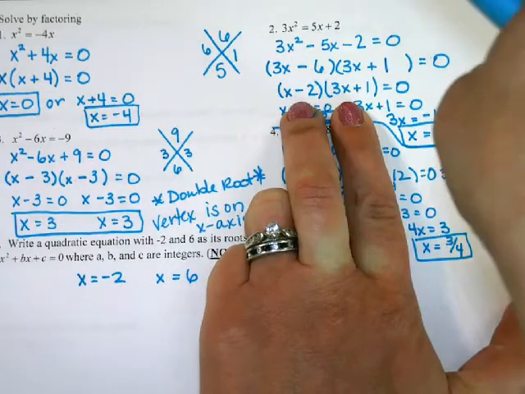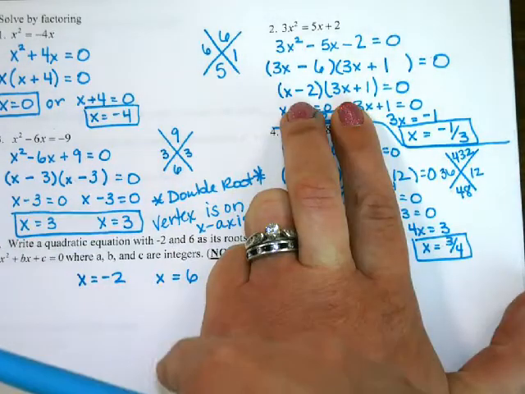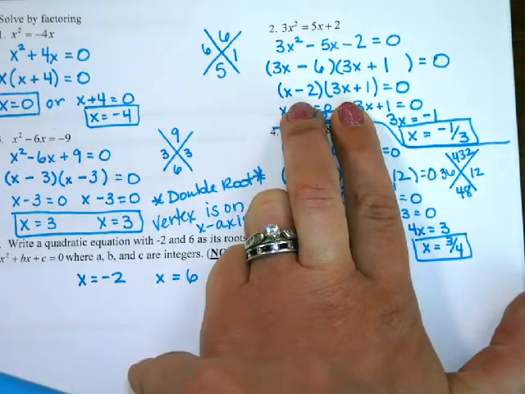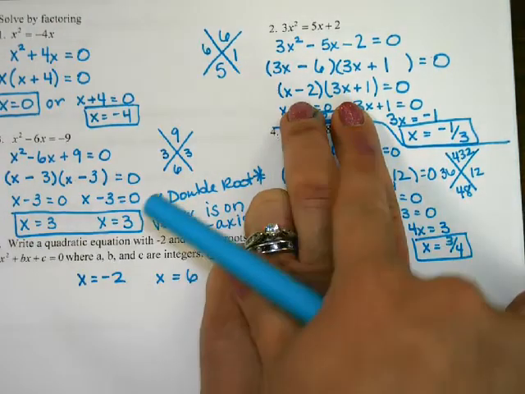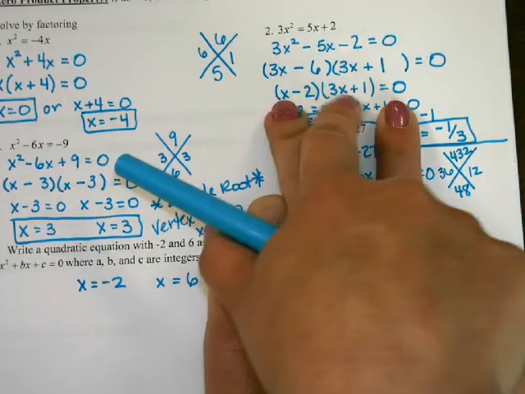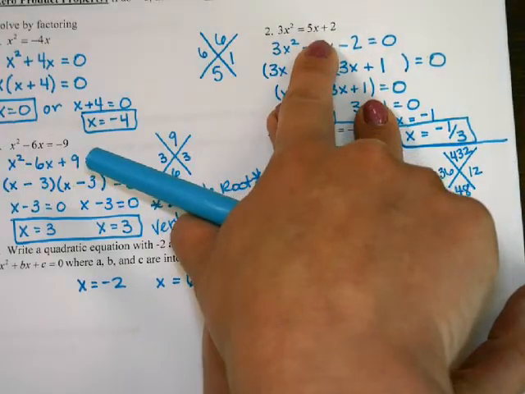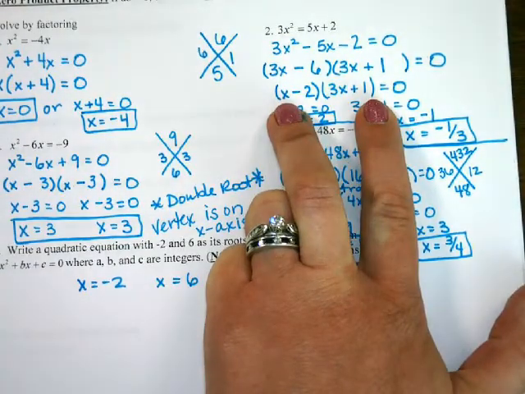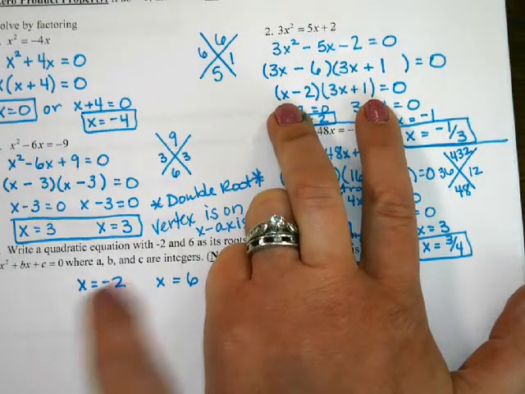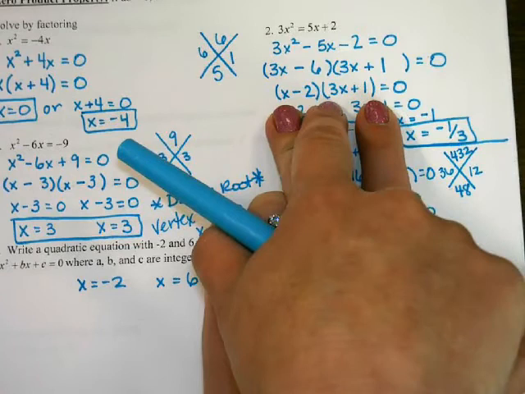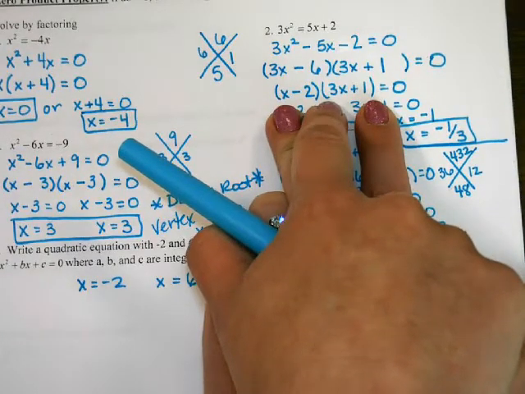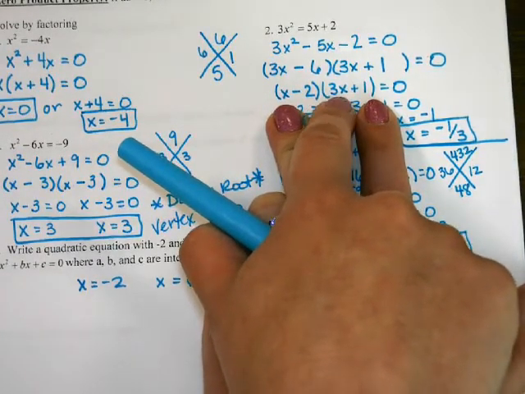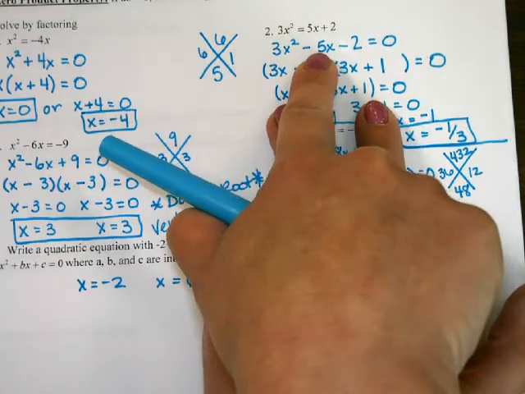How do I check it? If I were to factor that, how would I check it to make sure that's the right answer? Foiling. Oh, yeah, right? Remember that? So I'm going to get everything on one side of the equal sign. I'm going to write them as factors. I'm going to FOIL it, and I'm going to get an equation.